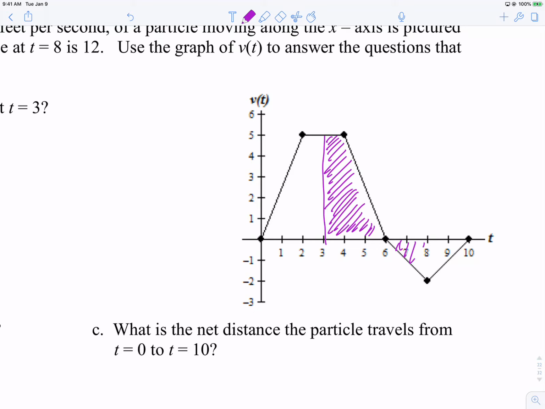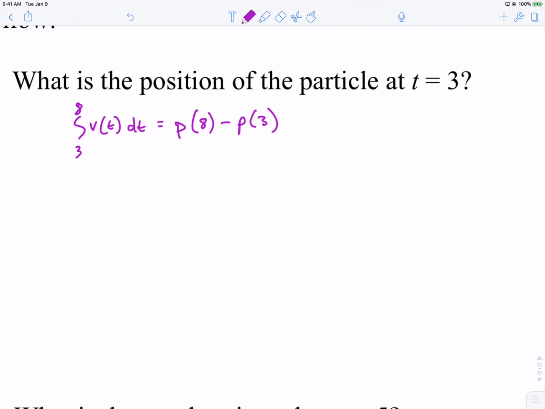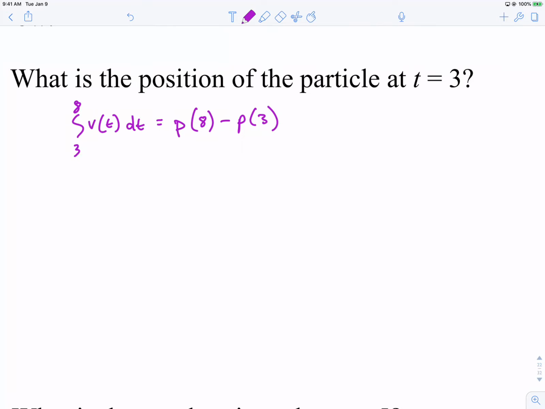Then we've got this triangle that'll be counted as a negative value. You can pause the video here and see if you can come up with what that number is. Okay, welcome back. So you should have gotten 8 equals, and then P of 8, the position at 8, was 12 minus P of 3.